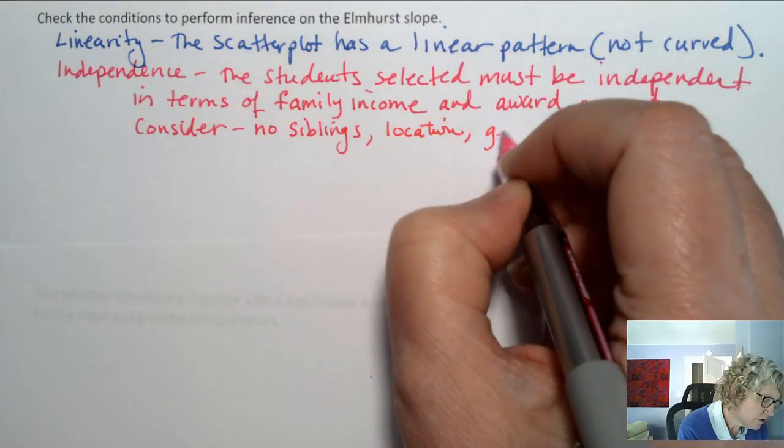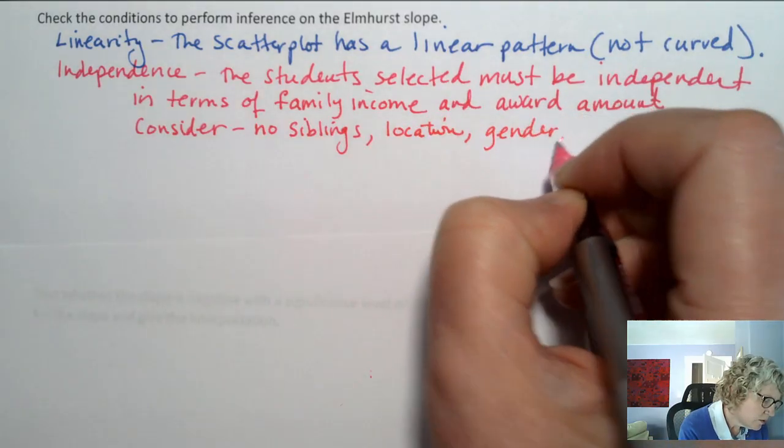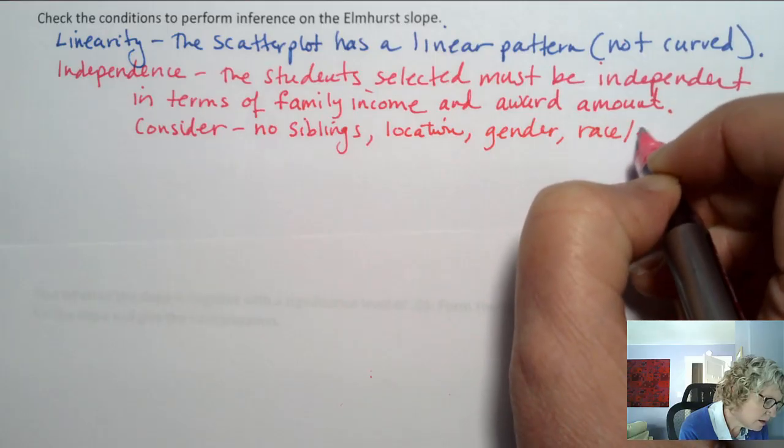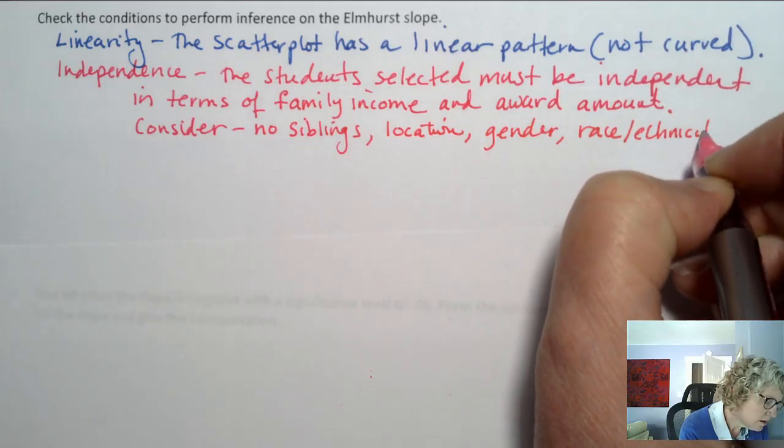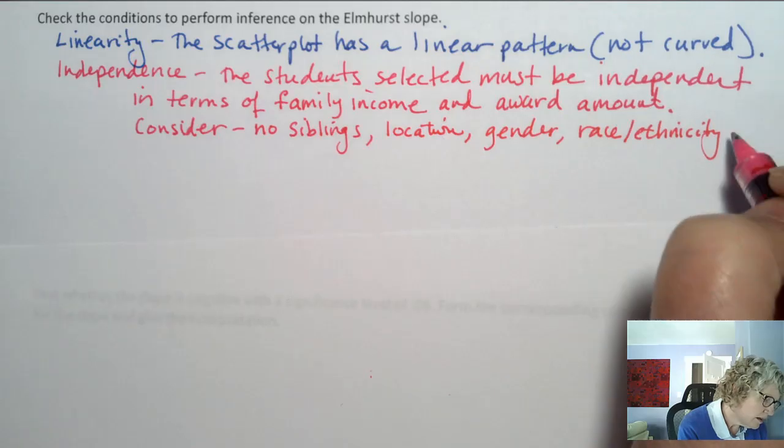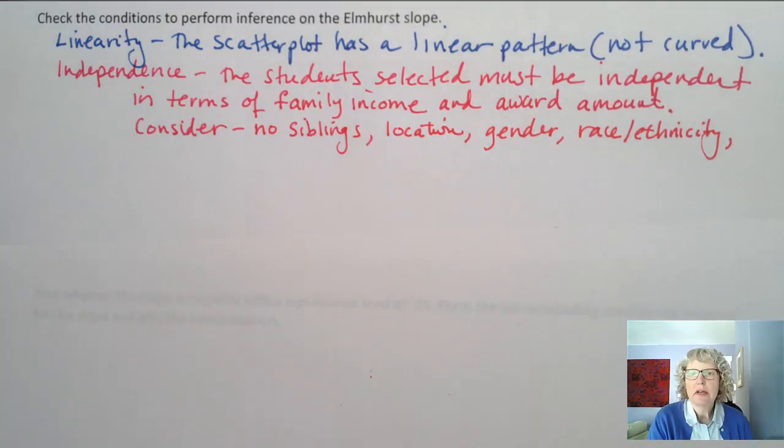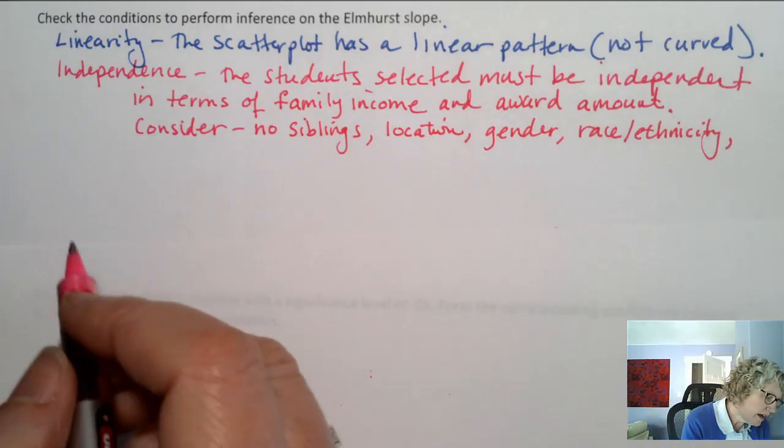We always want to look at gender, race and ethnicity. And then also thinking about award amount. Maybe all the students randomly selected had higher GPAs or lower GPAs. So we would want to make sure that we were looking at that as well.